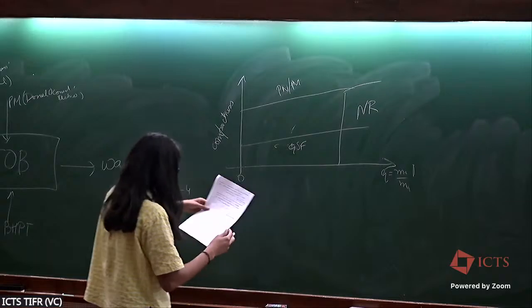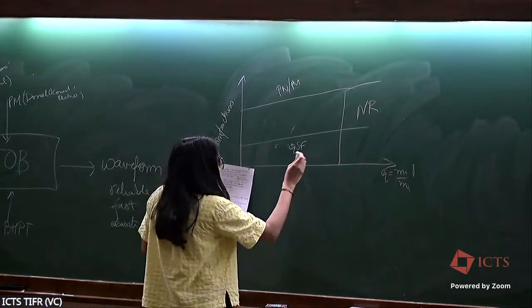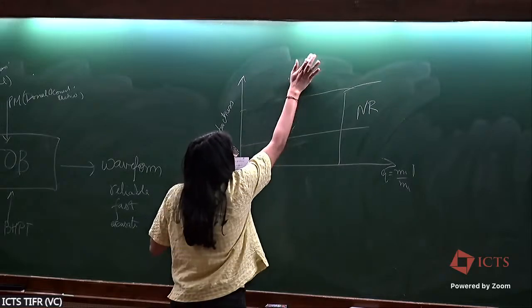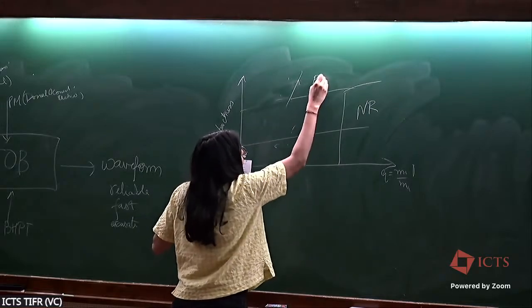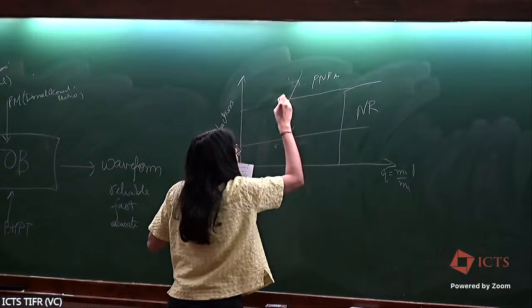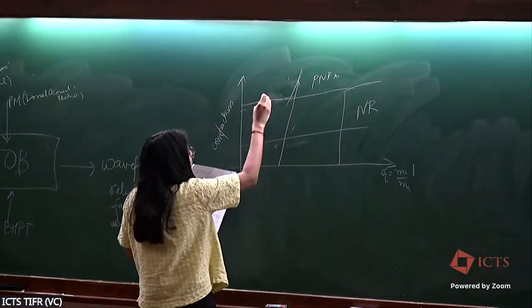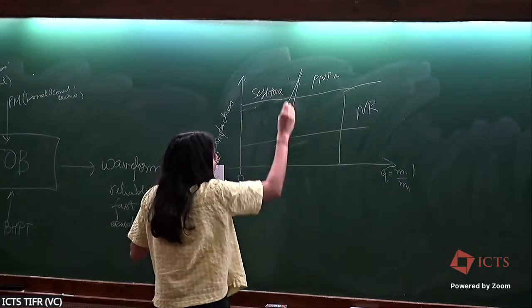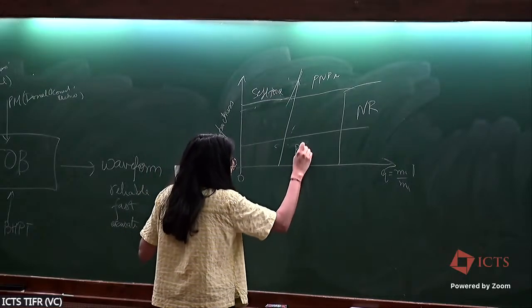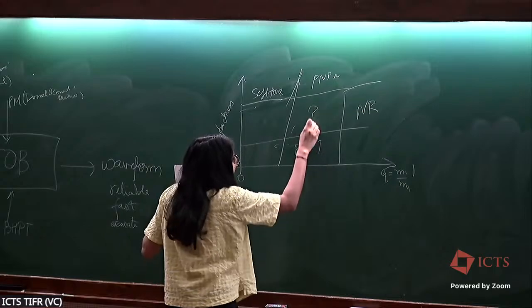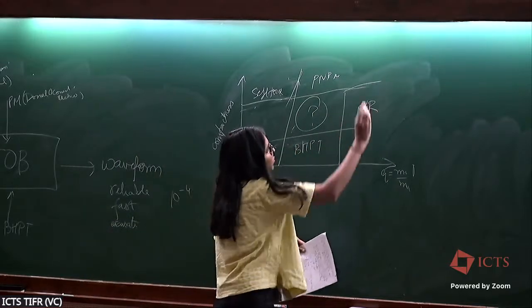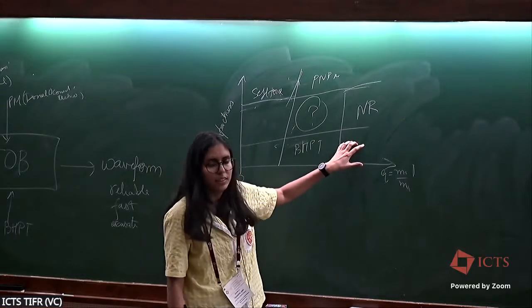And then we also have some results from black hole perturbation theory. I think something like PN, PM. And this is self force. And here we have black hole perturbation theory results. But there is some region where none of these perturbative techniques or even numerical techniques go.